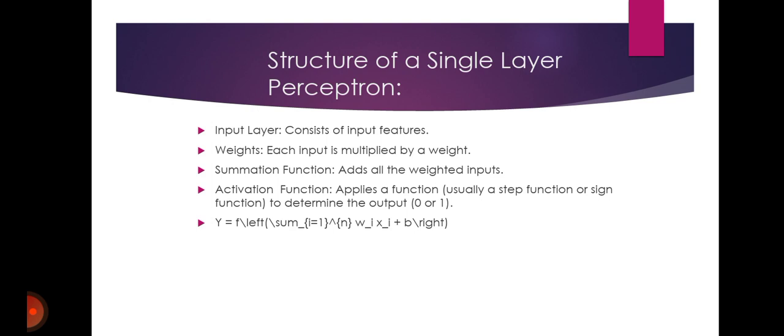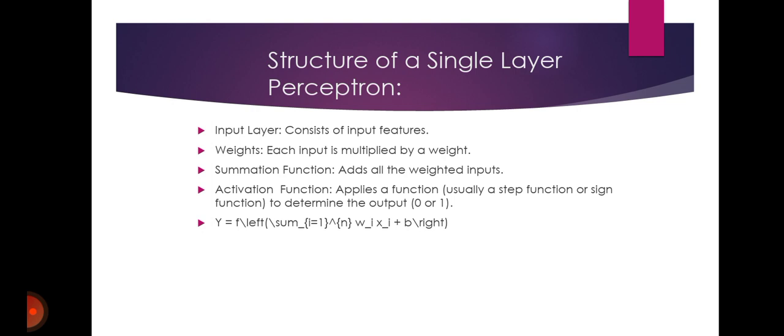Input layer. The input layer receives the input data, which can be features or attributes of the data points. Weights. Each input is associated with a weight, which determines the significance of that input in the calculation.